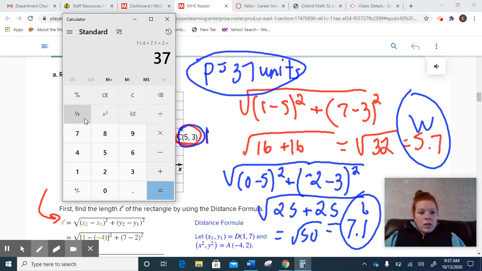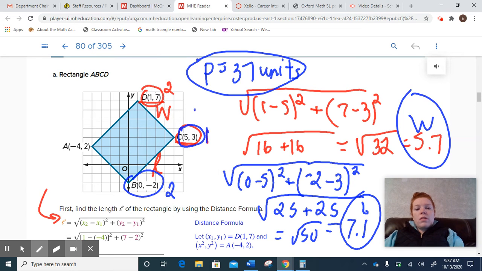And then I'm going to do length times width for the area: 7.1 times 5.7 equals 40 point, we can round, let's go 40.5. Area equals 40.5 units squared.